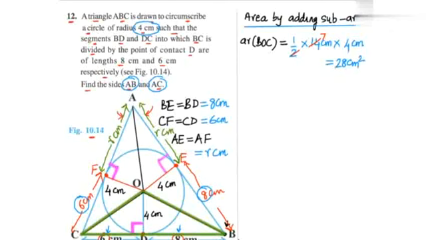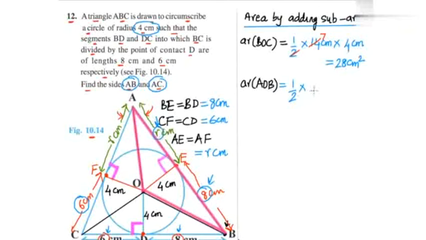Now let's find the area of AOB, this triangle that I'm highlighting. So area of AOB, again by using half into base into height. In this case, we take the base as AB and the height as OE, because OE is perpendicular to AB, right? So area of AOB can be written as half into, what's the base this time? AB. So AB is made up of two parts. There is BE, which is 8 centimeter, and there is AE, which is R centimeters.